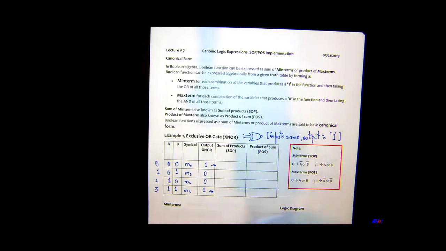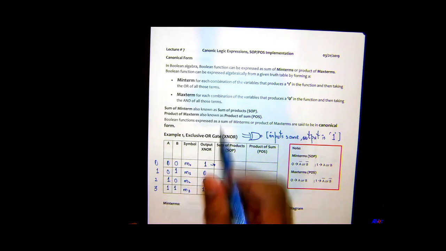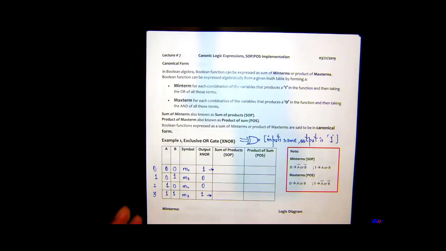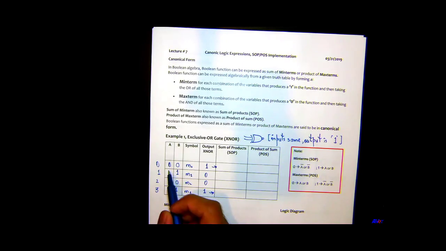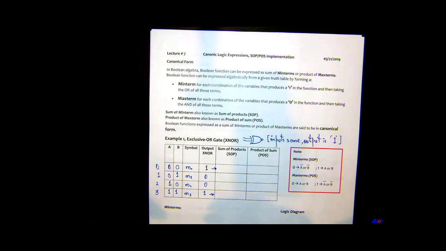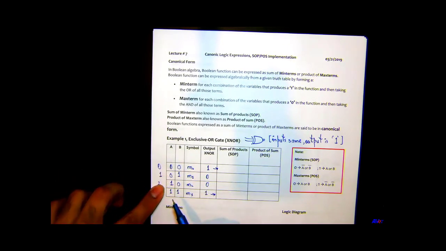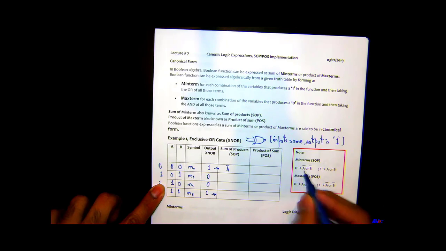So let's derive the Boolean expression for 0, 0. What is going to be the expression for 0, 0 for the SOP? Remember, this is 0, so it's going to be A bar or B bar, right? How would you write a 0 in terms of A in a minterm? It will be A bar, correct? Because 0 is A bar or B bar.